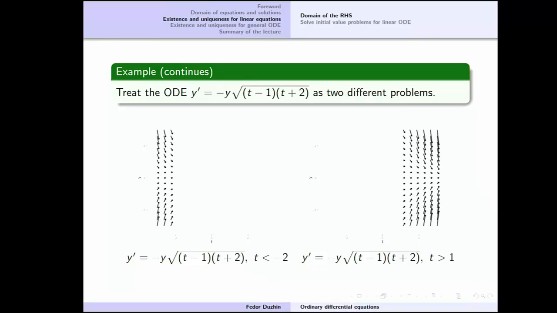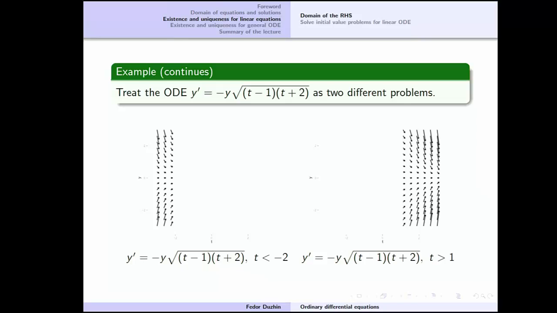In a way, you can treat this single differential equation as just two completely different problems. So in one case, t is less than negative 2, and in the other case, t is bigger than 1. The reason you can do it is because it is a linear equation. So that's why the two parts of the domain are completely separated.